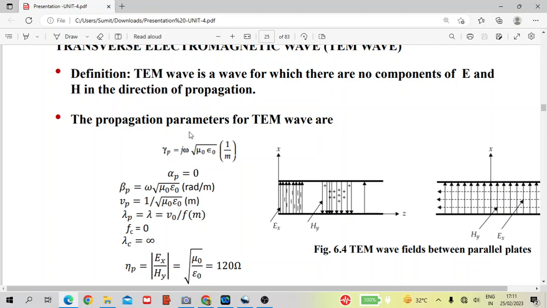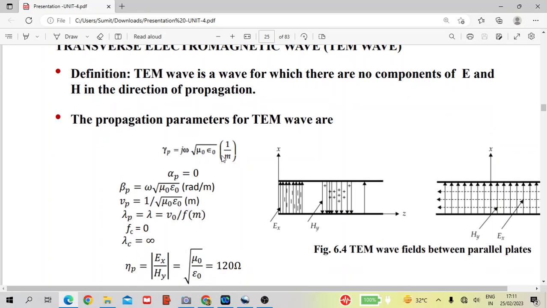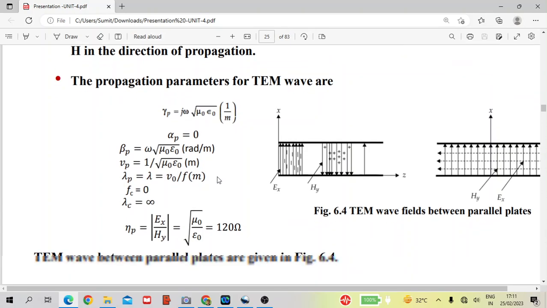If it is unbound media or free space, because generally a TEM wave will appear in unbound media, and if it is mu 0 epsilon 0, it is free space, attenuation is 0. So in that sense, beta will be this, phase velocity is this, meaning everything changes accordingly.